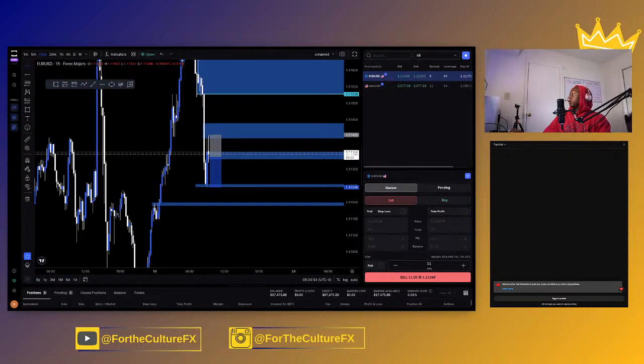A 15-minute candle bearish close would be a much better sign for an entry though.